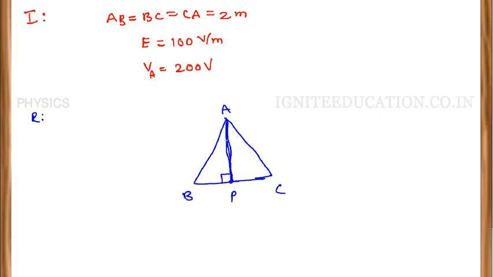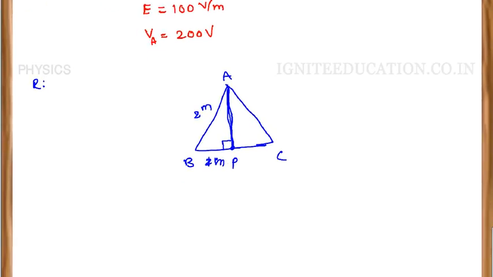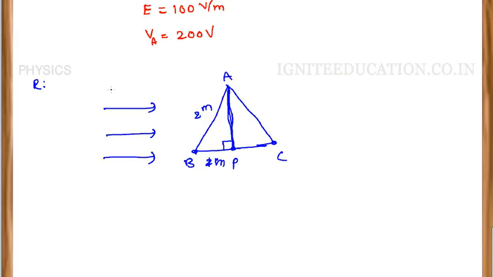So if AB is 2 meters, then BP is 1 meter. So B, P, C are in the direction of the field. So according to the given concept, the field is flowing in the direction of BC and P also exists in the same line.